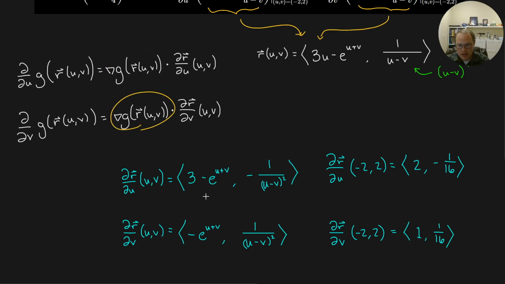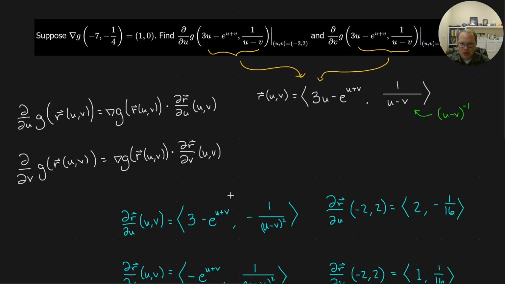Now I can't find the gradient of g, but I do know something. I know the gradient of g at negative 7, negative 1/4 is 1, 0. So maybe whoever wrote this problem chose these values so that we do know the gradient of g where we need to. Okay?